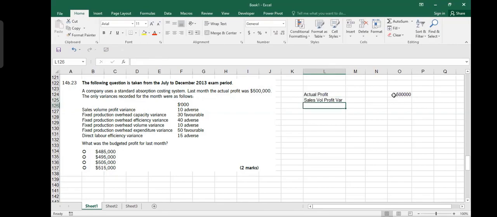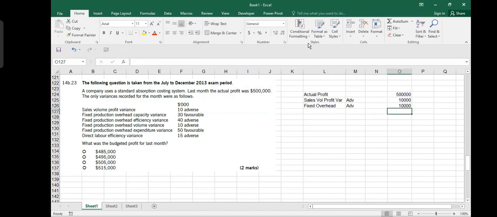Sales volume profit variance is 10 adverse. So it is adverse, I'll add back 10,000. Then I have my fixed overhead. I will just take one number. Fixed overhead volume variance. Volume variance is also adverse. It is 10,000. I will add this one also.